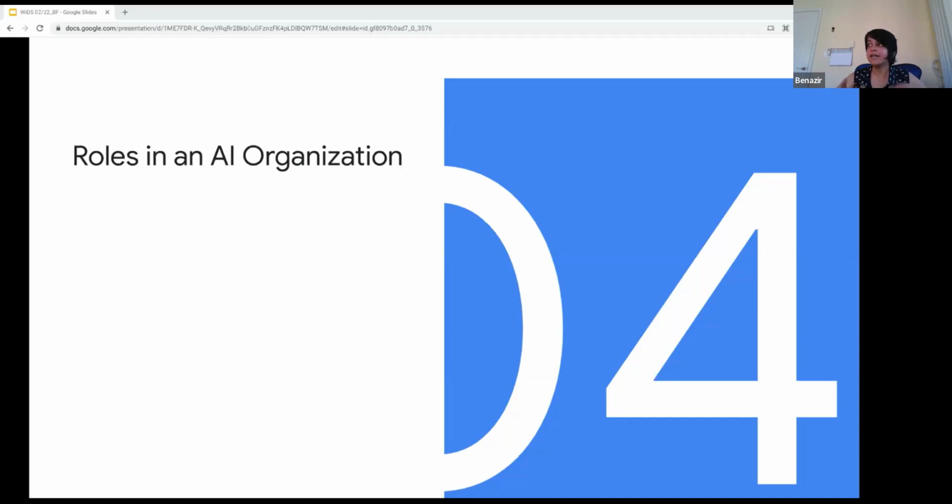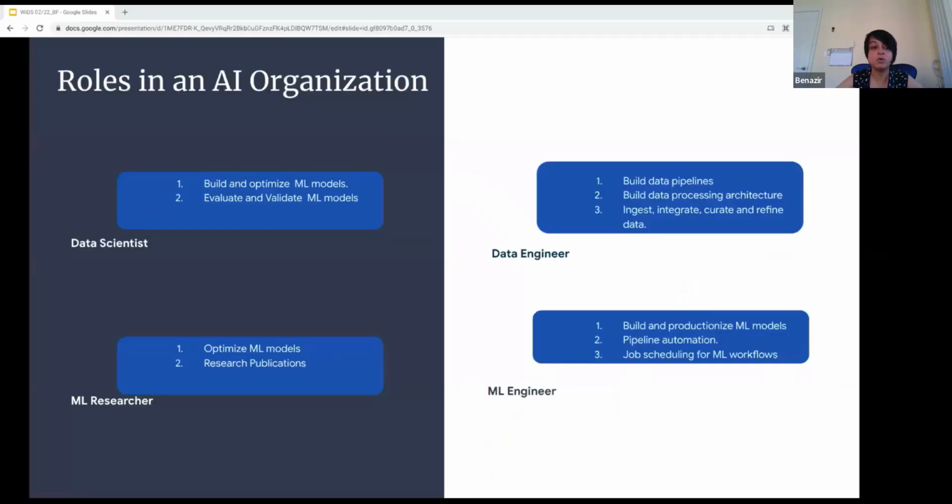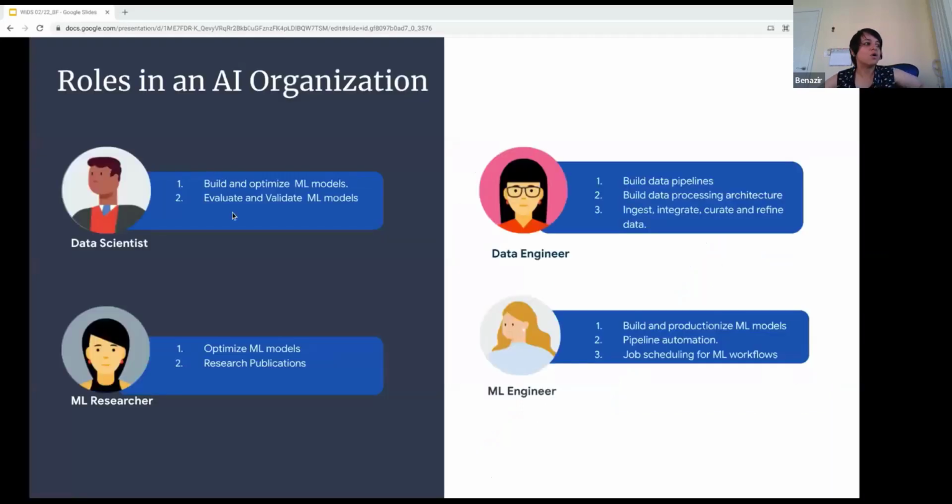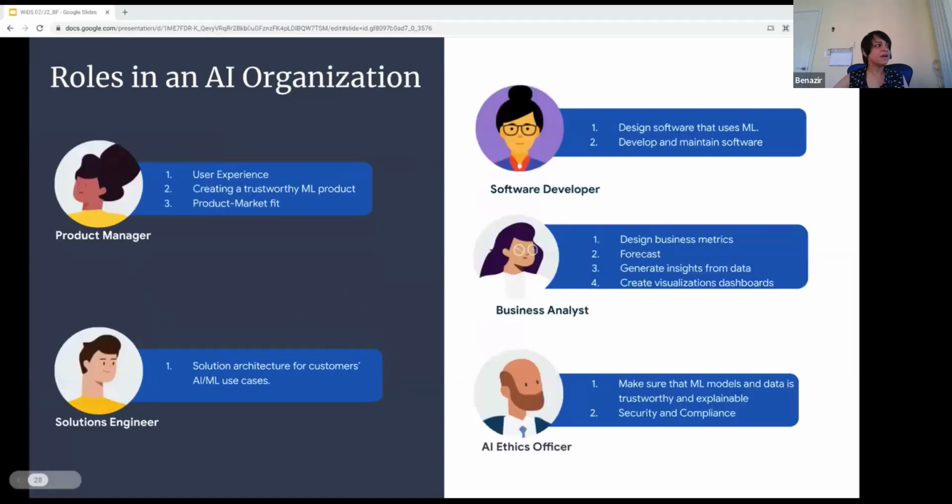In the 5 minutes that I have, I do want to quickly touch on roles in an AI organization. I know many of these roles we already know about, like data engineer, ML engineer, data scientist, so I won't spend a lot of time on these. But many times I see that people have a lot of knowledge in a particular domain.